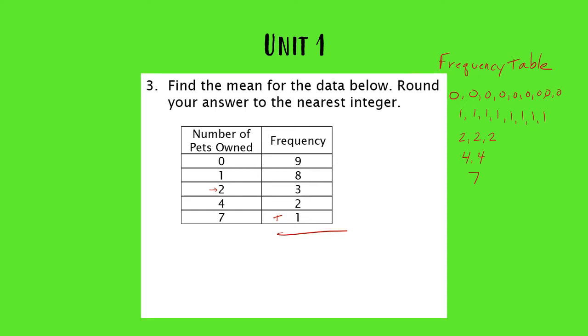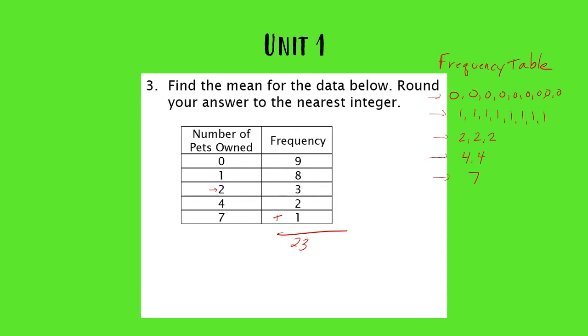So if I add up 9, 8, 3, 2, and 1, I should have 23 pieces of data inside my list. So if you were to count all these, count them all out, you should get 23. So you have 23 pieces of data.